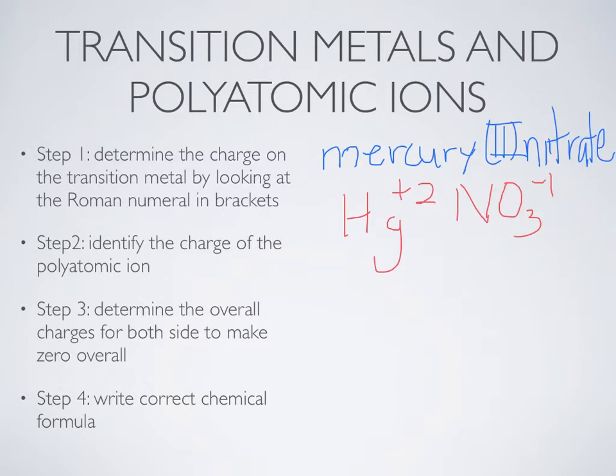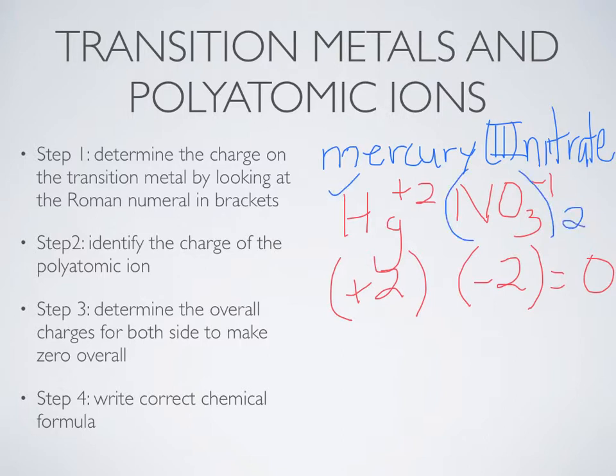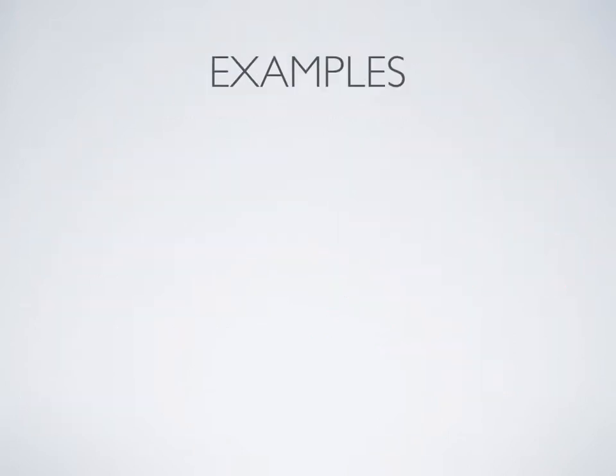So my mercury is +2, making my NO3 -2, and that equals 0. So I have enough for my mercury, but I'm short for my nitrate. I need 2 of them, so therefore I need brackets. So my formula is Hg(NO3)2.